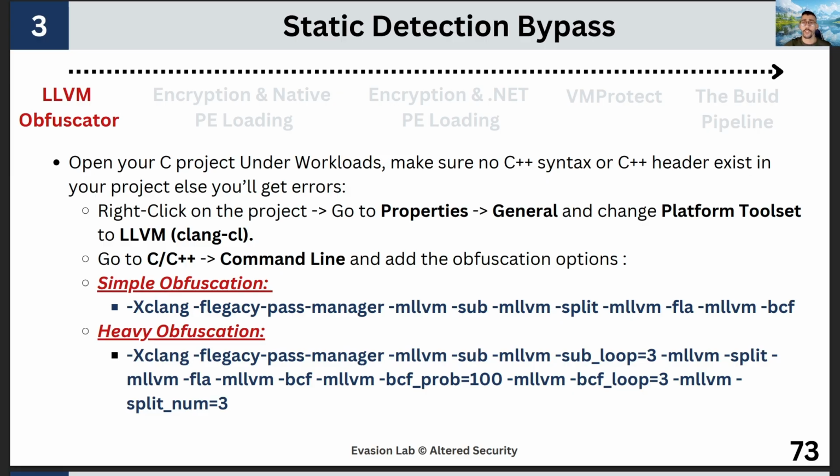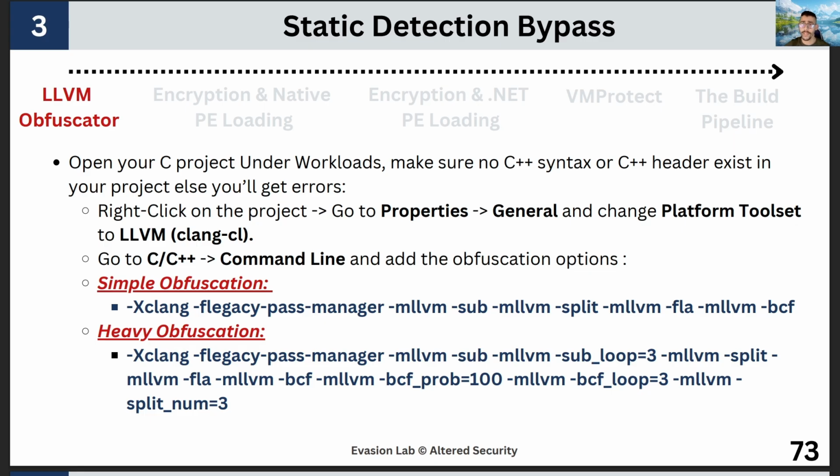Let's see what each one defines. For example, -Xclang -fno-legacy-pass-manager... it ensures that LLVM uses the legacy pass manager, which is required for OLLVM obfuscation. The flag -mllvm -sub refers to instruction substitution.